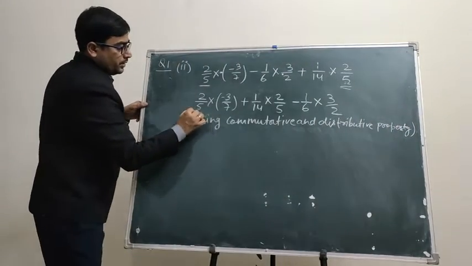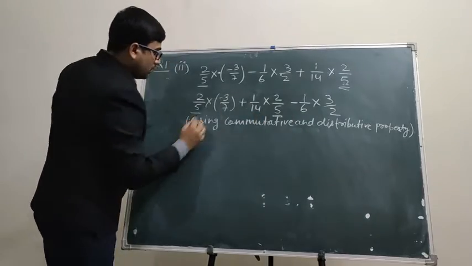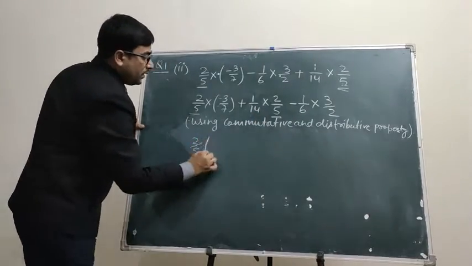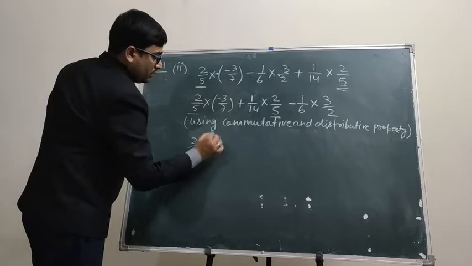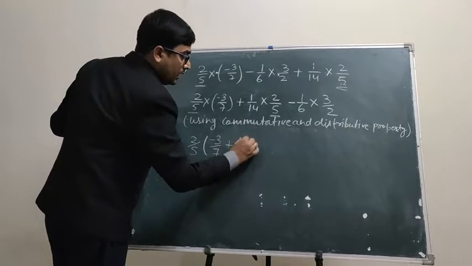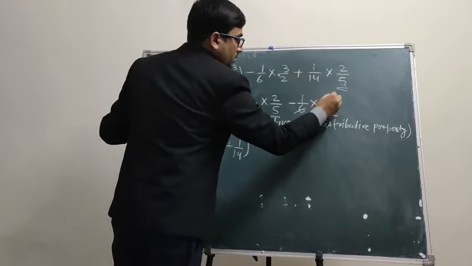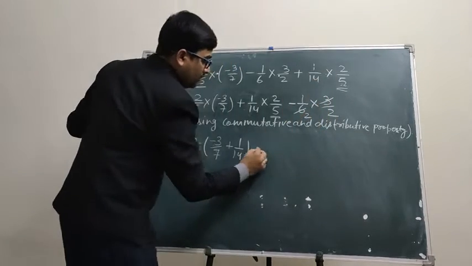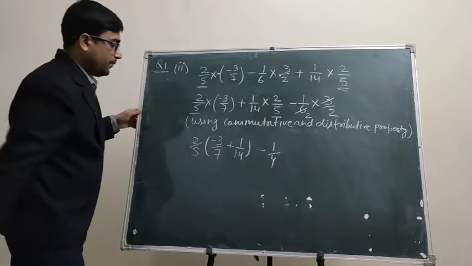Here again you take 2 by 5 as a common. 2 by 5. What do we get here? Minus 3 by 7, then plus 1 by 14, and here you can reduce it to minus 1 by 4.